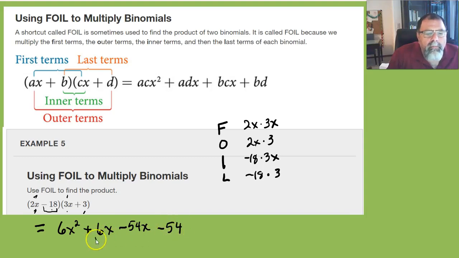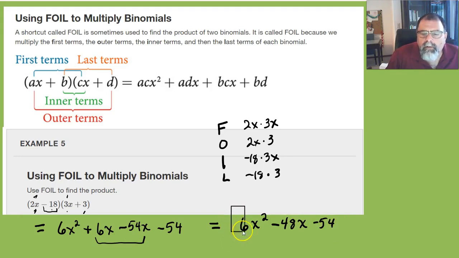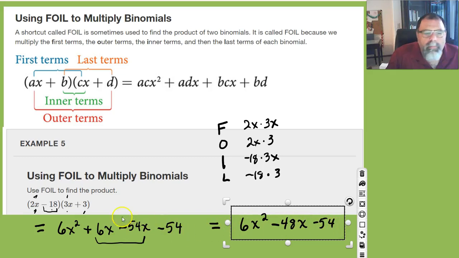And we're going to combine like terms, so those two. So we get 6x squared, 6 minus 54, so 54 minus 6 is 48. Take the sign of the larger, so it'll be negative 48x minus 54. And that will be our final answer, the product of those two binomials.